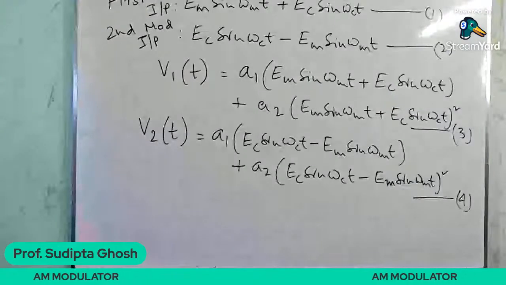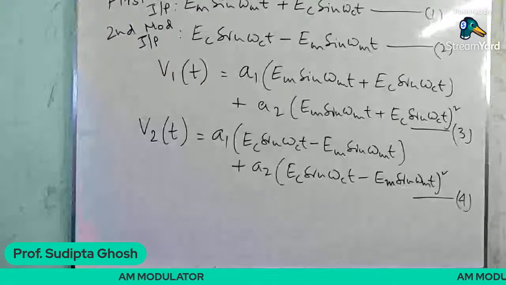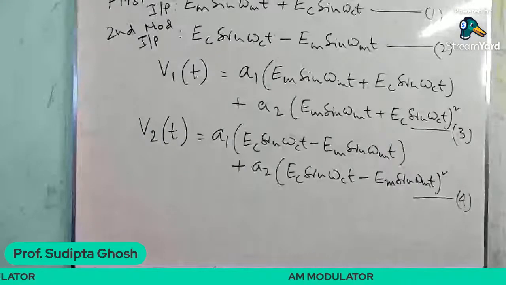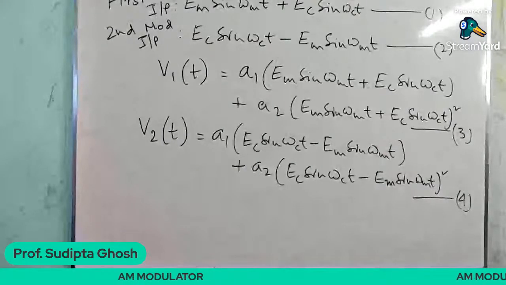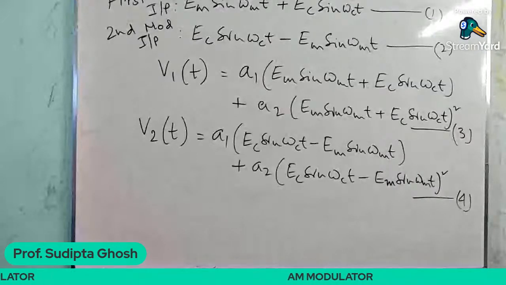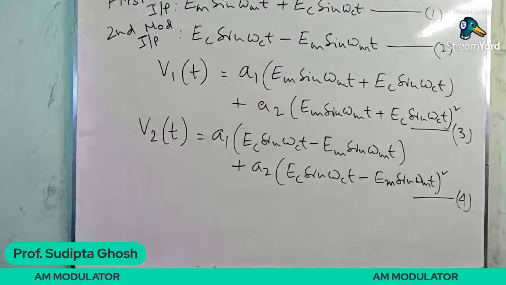Equation 1 is the input voltage for the first AM modulator, and equation 2 is the input voltage for the second AM modulator. Equation 3 is the output voltage of the first AM modulator, and equation 4 is the output voltage of the second AM modulator circuit. Is it okay up to this?